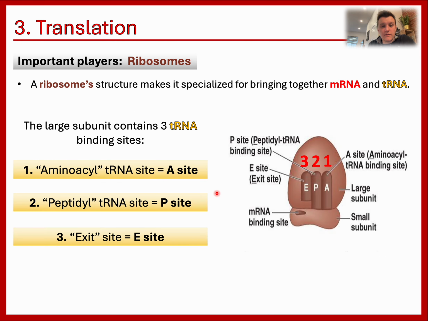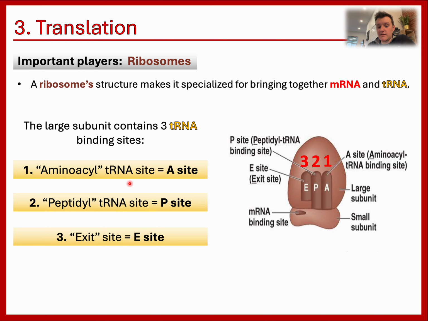So now the ribosome structure, the whole point of it, the function of it, is to bring together the mRNA and the tRNA. And as I said, the large subunit contains those 3 tRNA sites, A, P, E. And they have those names for a reason. The first one, A site, is the amino acyl tRNA site.